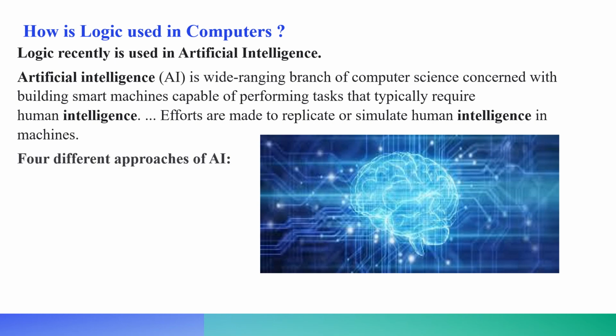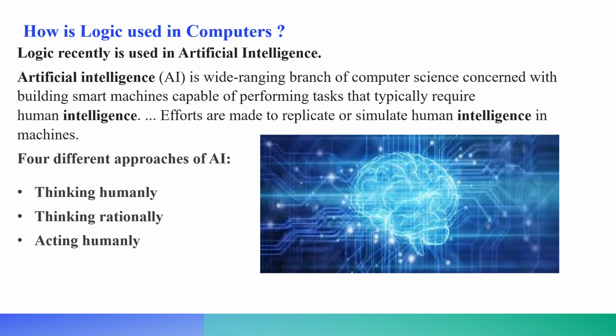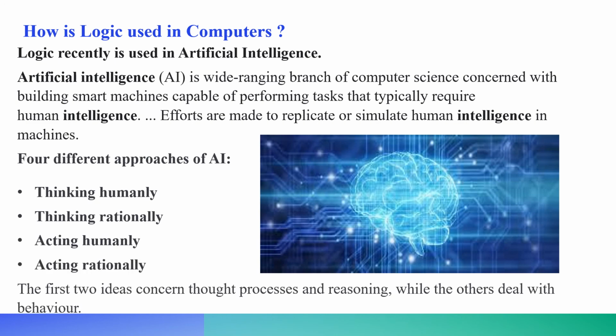There are four approaches of artificial intelligence. First is thinking humanly, thinking rationally, then acting humanly and acting rationally. The first two ideas concern thought processes and reasoning, while the others deal with behavior.